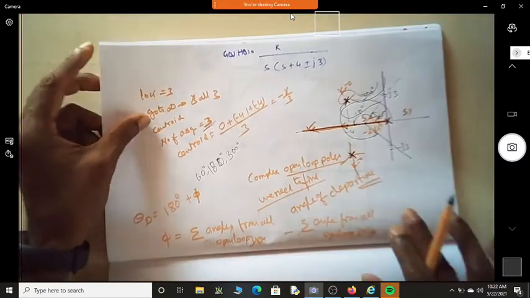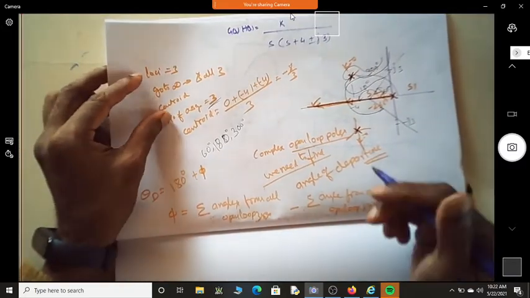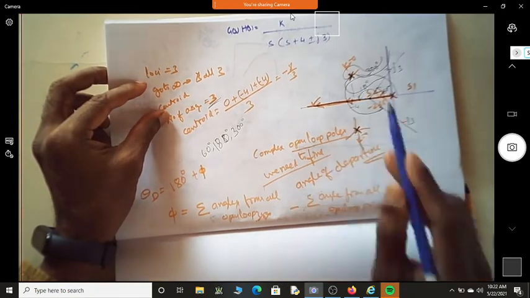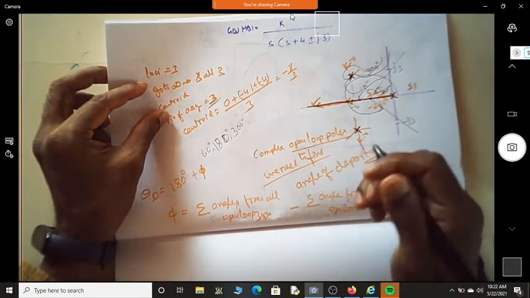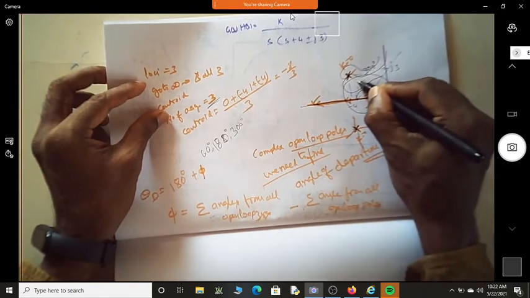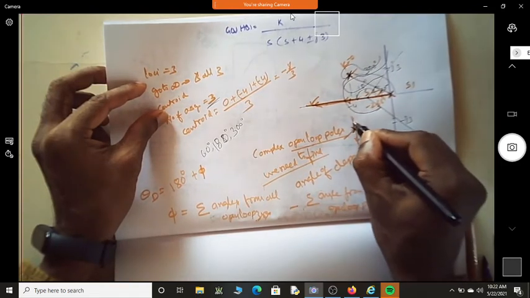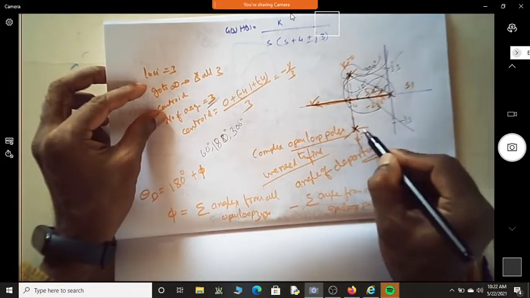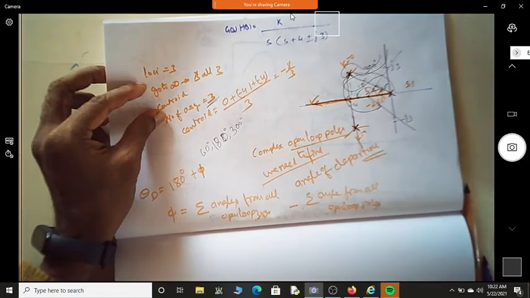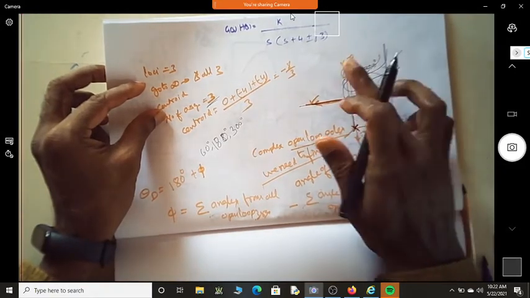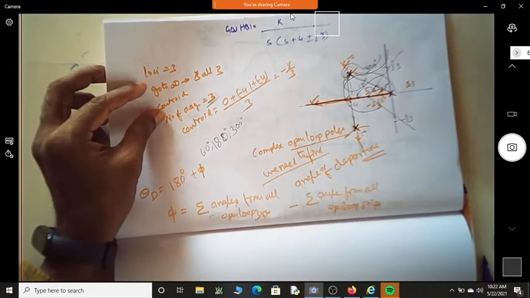Now assume that I want to find the angle of departure for this. So if you want to find it for this, you join all existing poles and zeros of the transfer function to this point. Do you have 1 here? Do you have 2 here?